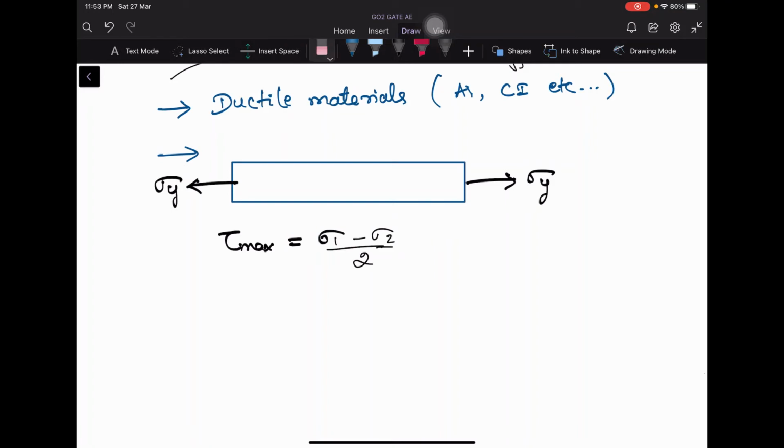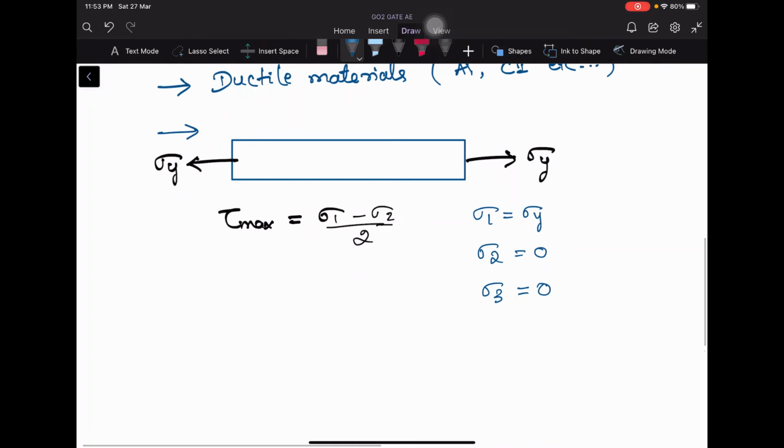So in this bar, since there is only sigma y acting, the corresponding principal stresses will become sigma 1 is equal to sigma y, sigma 2 is 0, sigma 3 is 0. So maximum shear stress is nothing but your yielding stress here. So sigma 1 is sigma y, sigma 2 is 0. So this tau y becomes sigma y by 2.